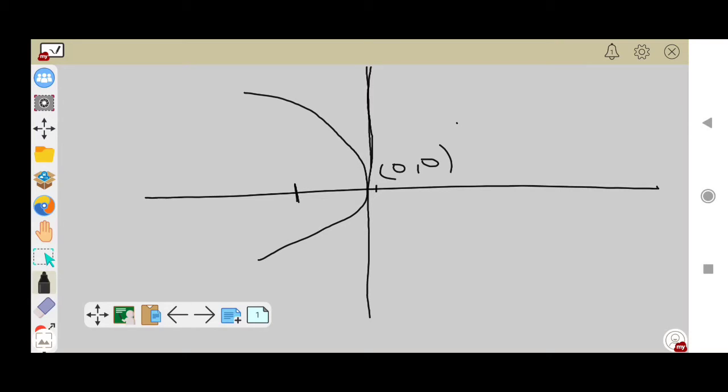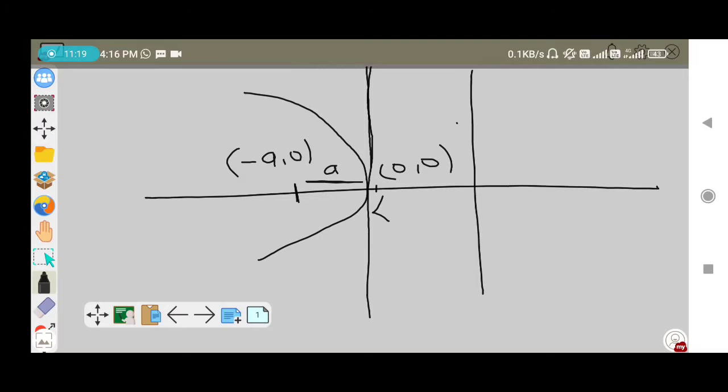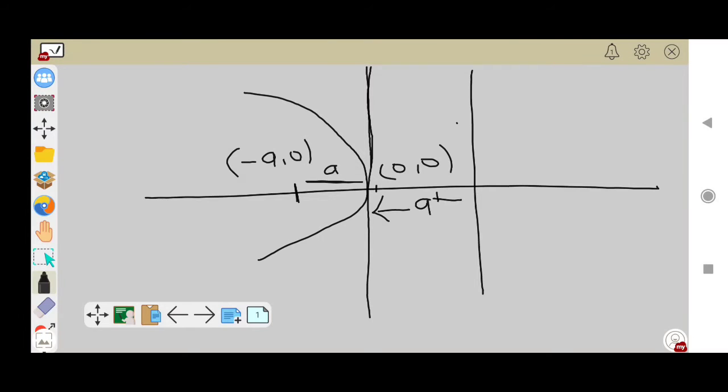Here it is focus. What will be the coordinate of focus? Minus a comma 0. This distance is a. Then where will be fixed line? Here this distance is also a, and equation of this line will be x is equal to a.